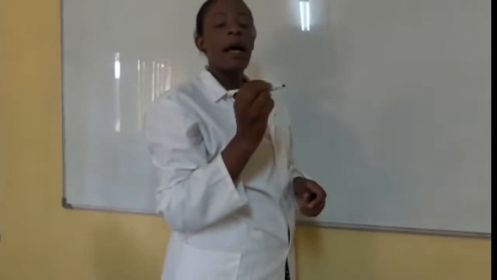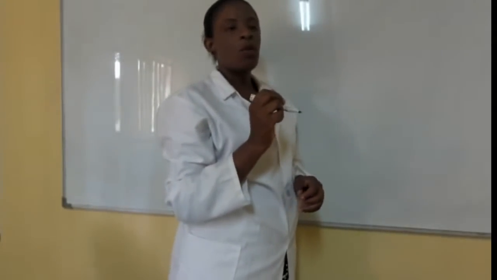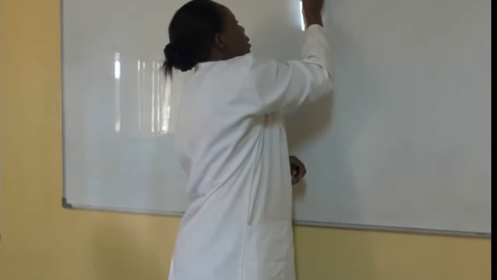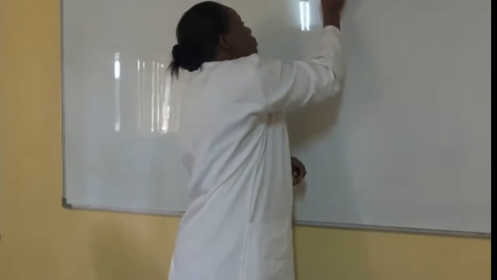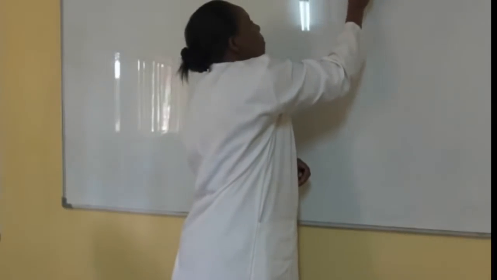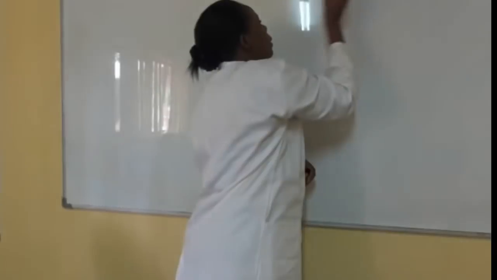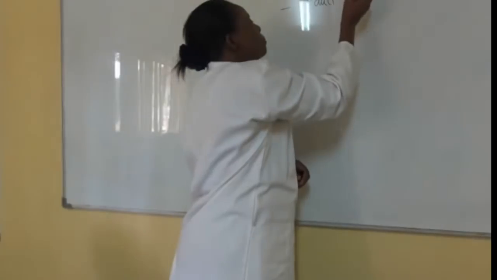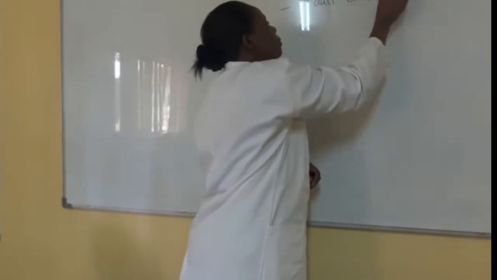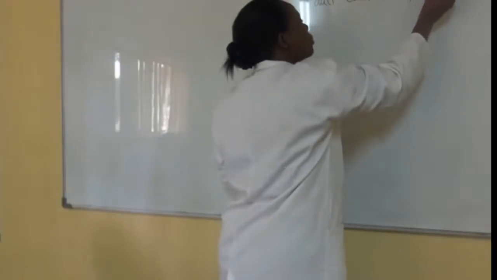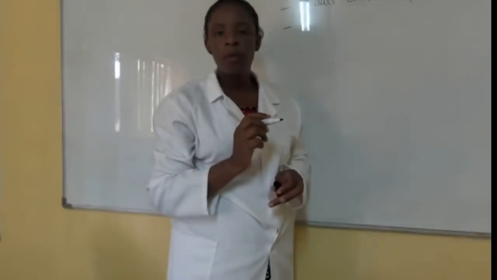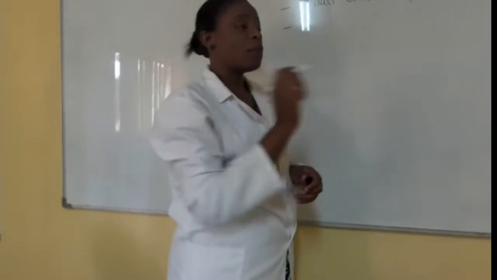I mentioned that there are 3 principles which you need to be conversant with. You need to be conversant with the Aufbau principle, you need to be conversant with the Pauli's exclusion principle, you also need to be conversant with the Hund's rule.